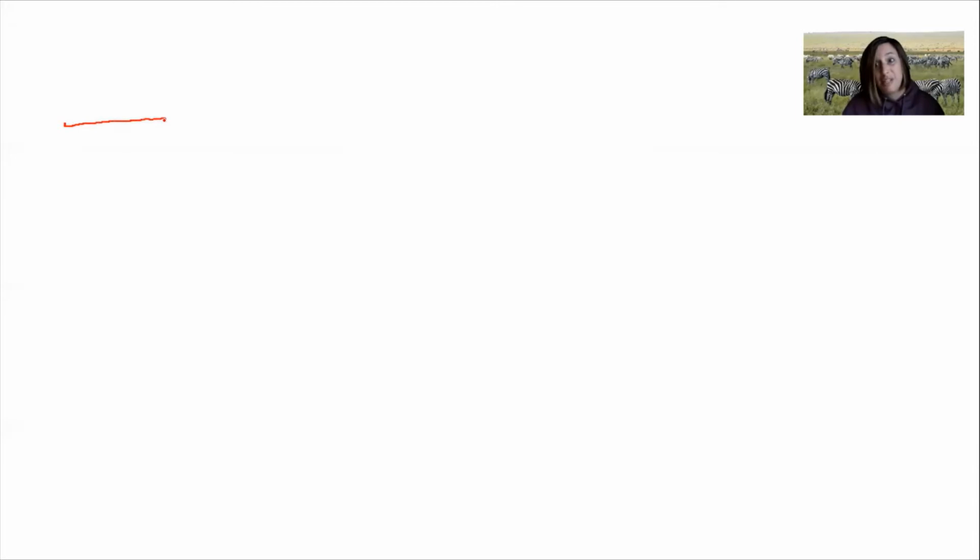I'm not even lifting my pen. Now I'm going to slant down and go straight back. Go ahead, try it with me. Straight across, slant down, and straight back. Go ahead, show those uppercase Z's to your teacher.